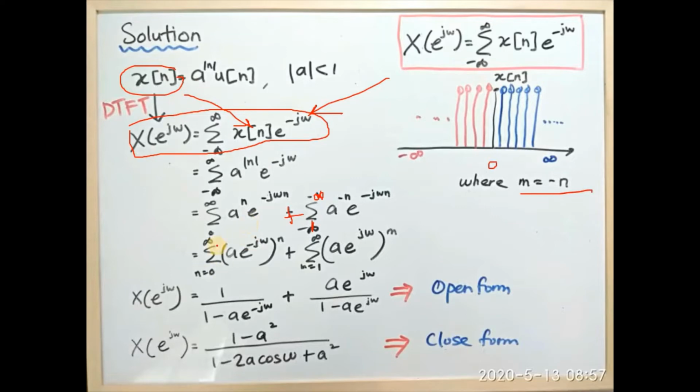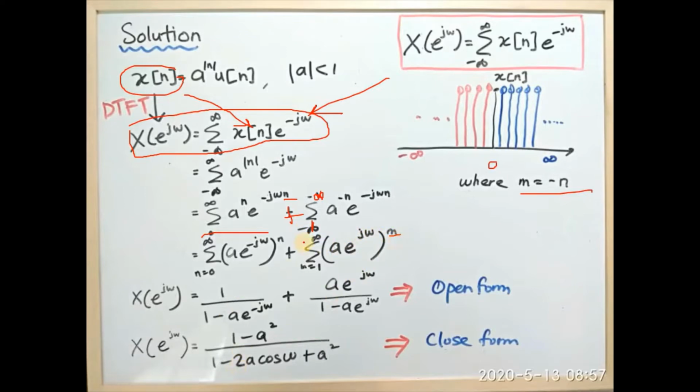For the first term we use the value n, and for the second term we use the value m. So when m equals minus n, this becomes positive, and the summation becomes m equal to 1 to infinity, so you have a^m e^(jωm).